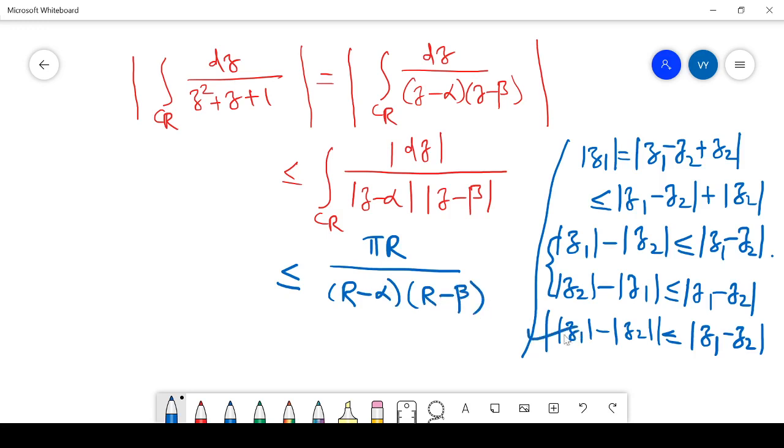This will tend to 0 as capital R tends to infinity, because here I have r squared, and r squared will reach infinity faster than r. So automatically you will have the value to be 0. So the integral over CR dz by z squared plus z plus 1 tends to 0 as r tends to infinity.